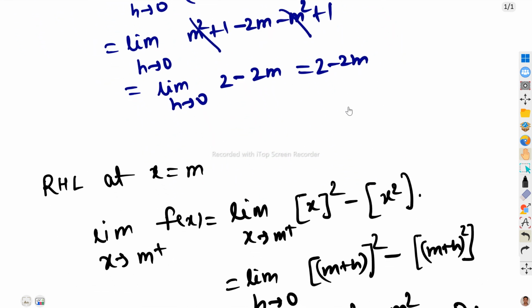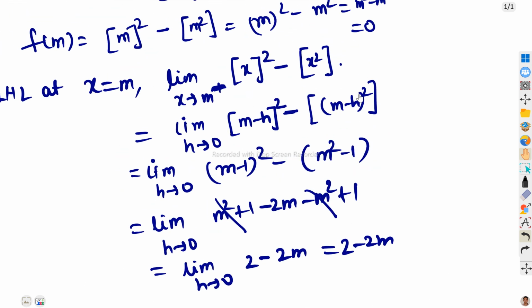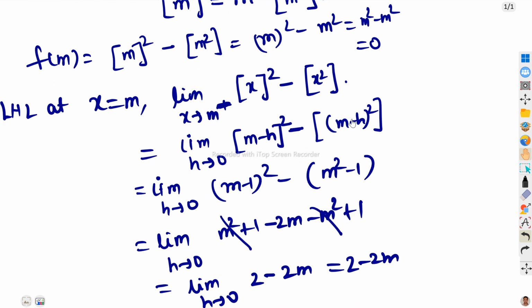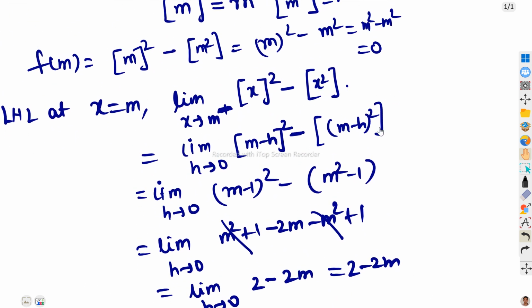The functional value at x equals m is 0.